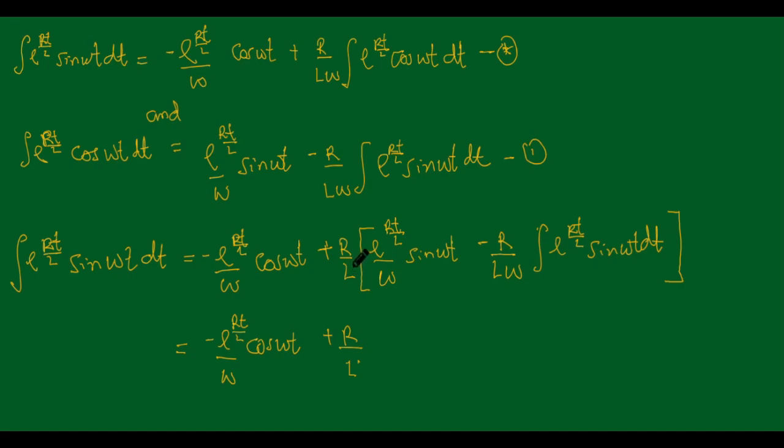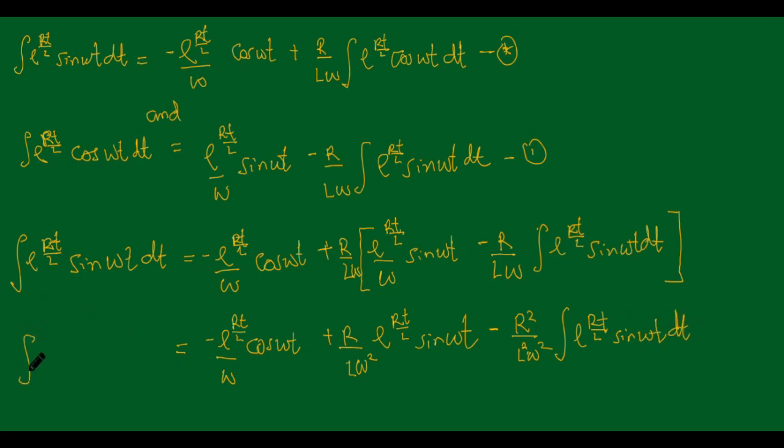Sorry, this is R divided by L omega here. So R divided by L omega squared e raised to the power of Rt over L sine omega t, then minus R squared divided by L squared omega squared integral of e raised to the power of Rt over L sine omega t dt.